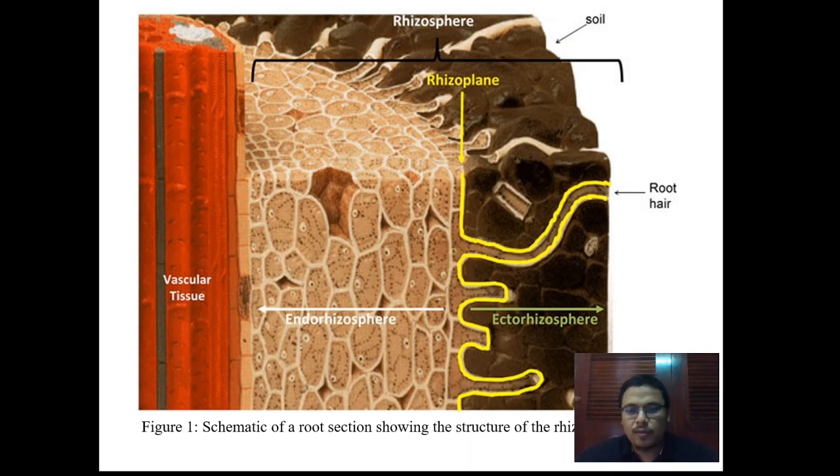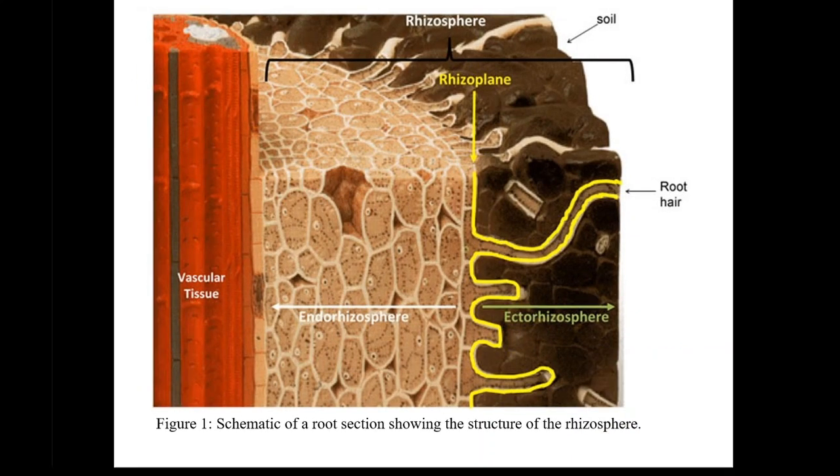The rhizosphere is the narrow region of soil or substrate that is directly influenced by secretions and associated soil microorganisms known as the root microbiome.